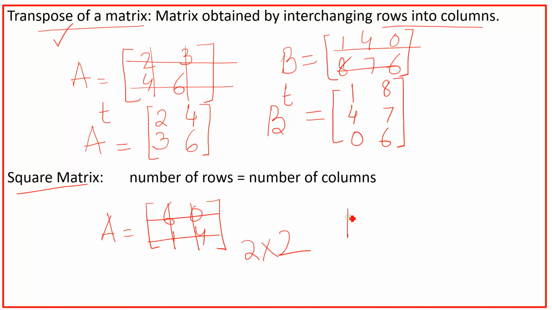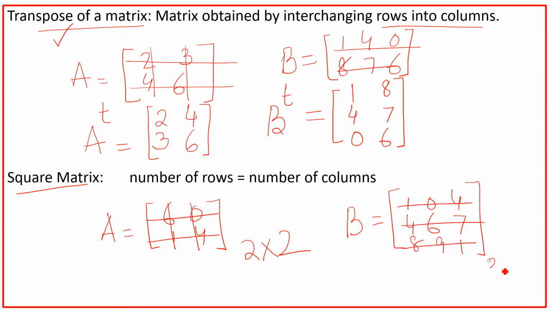One more example: here we will make a 3 by 3 matrix, 3 rows and 3 columns. If someone asks you the order, the dimensions of matrix B, it means the number of rows and the number of columns. Always keep in mind, first you mention rows, then columns. So this is a square matrix.